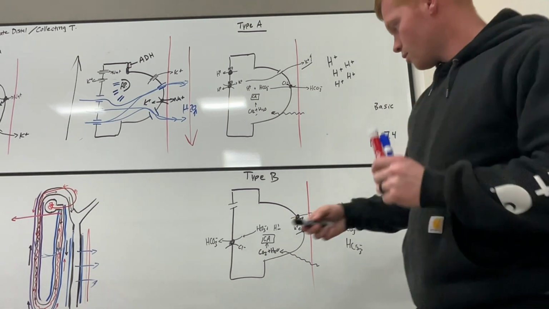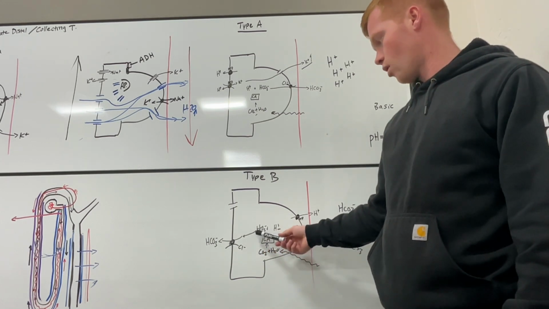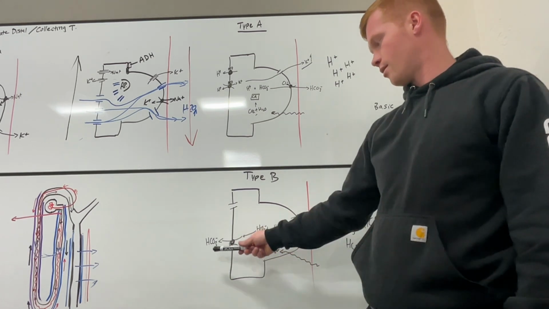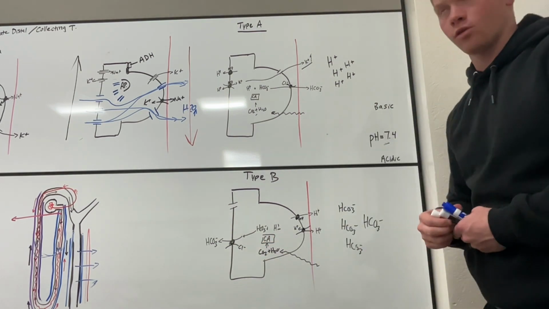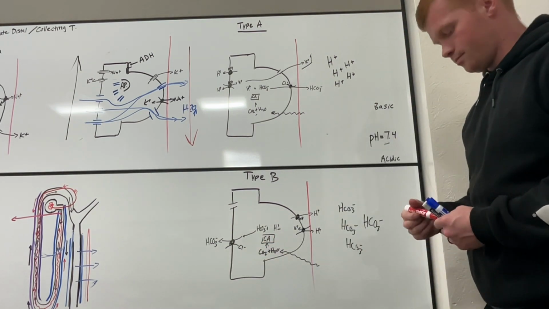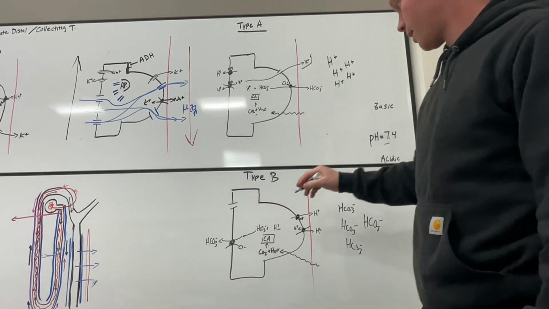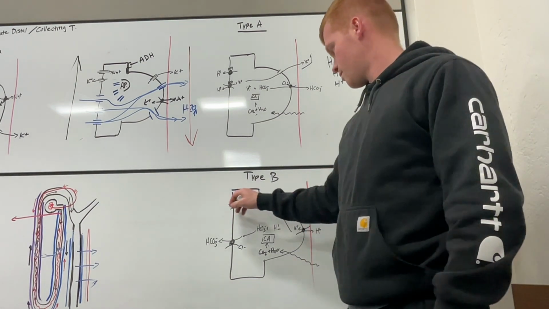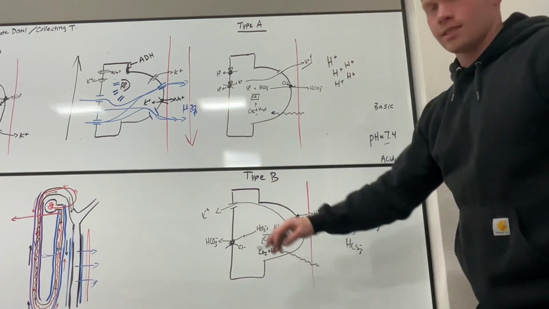But with this, the bicarbonate conjugate base is going to be pumped out with an antiporter of chloride. And I forgot to draw it. Did I? Oh yeah. But then the potassium that came in is going to be pumped out.